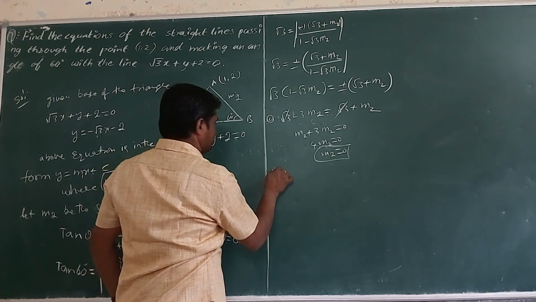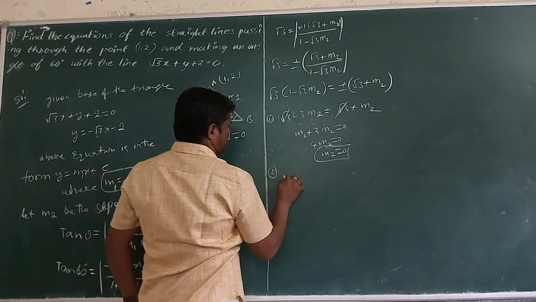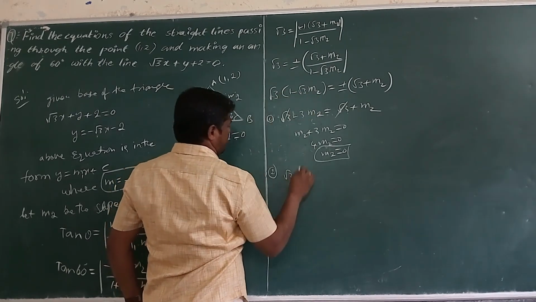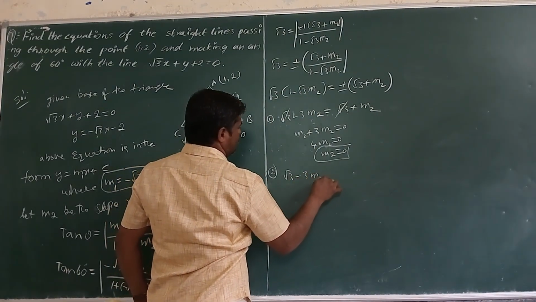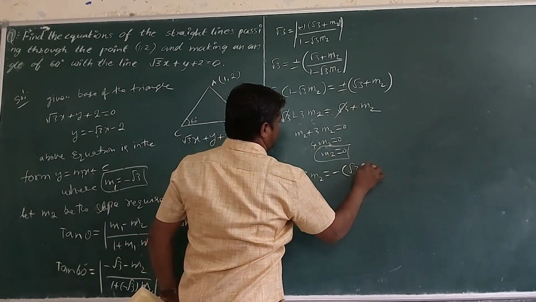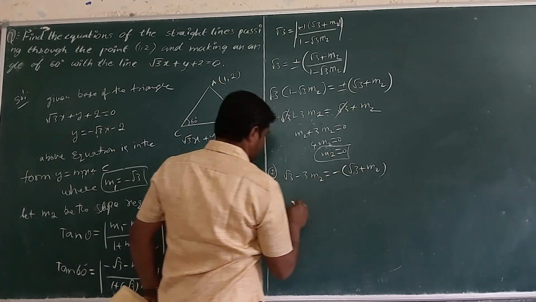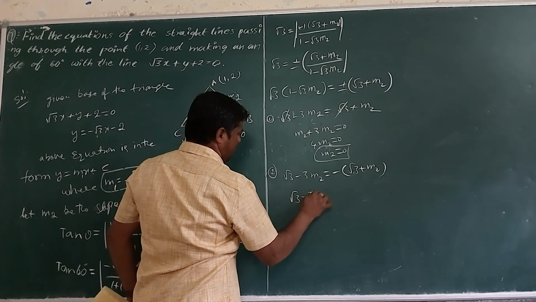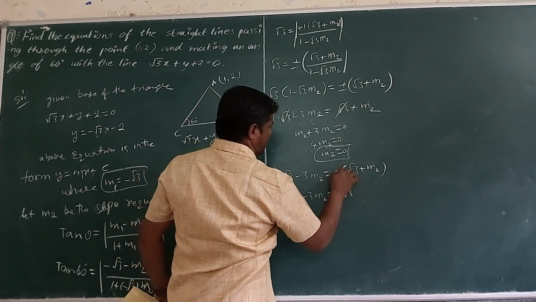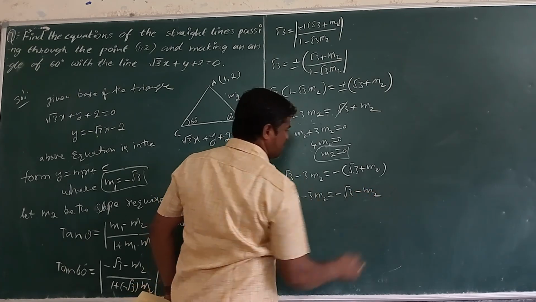Second case, if negative: root 3 into 1, root 3 into minus root 3, 3m2 equals minus of (root 3 plus m2). This is root 3 minus 3m2 equals minus root 3 minus m2.